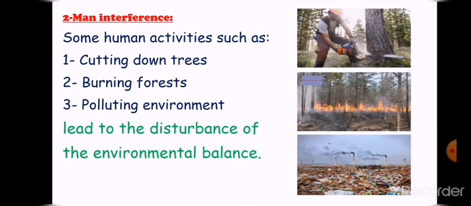These human activities harm the environmental balance, and they are man interference because man made these activities. So these human activities lead to disturbance of the environmental balance.